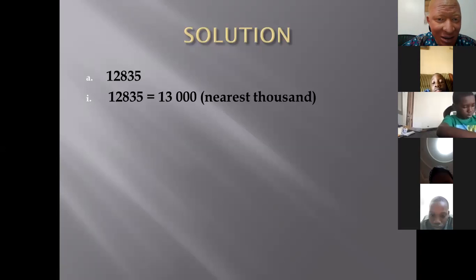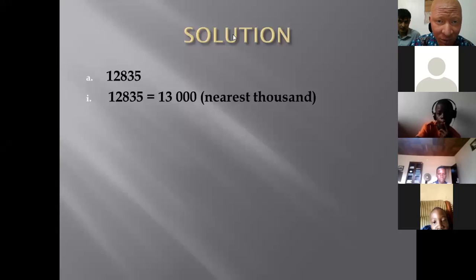And because 8, the number 8, is above 5, we round up, so from 12,835 it now becomes 13,000.